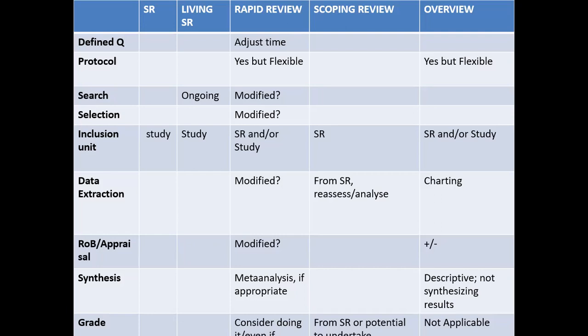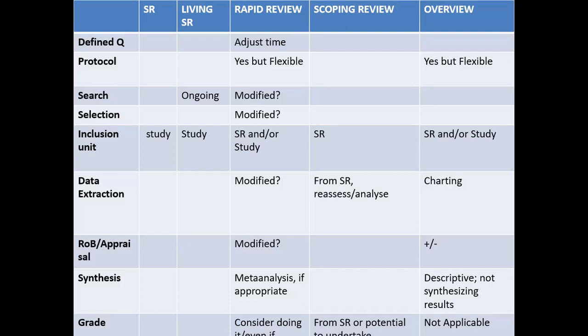Instead of looking for the evidence in more than one database, you can just do it in one. Selection, instead of using 2 people to do the selection, you can just use 1 person. There are a lot of modifications that should take place because you want to provide the result as quickly as possible.